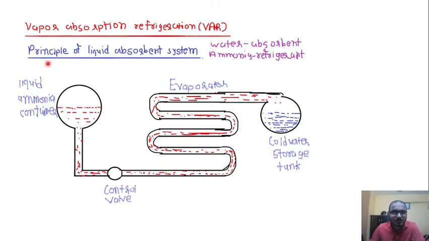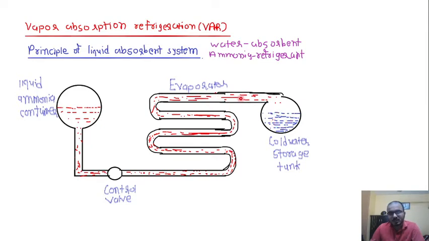Here we understood about the principle behind this, in which on one side we have kept liquid ammonia and on the other side we have kept cold water storage. The flow of liquid ammonia is controlled through this control valve. Once we open this valve, this liquid ammonia will flow through this evaporator where it gets converted into vapor, and this cold water has very high tendency to absorb this ammonia vapor.